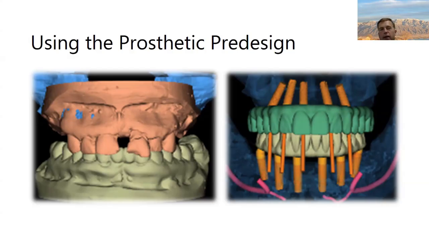With static or dynamic guidance, you import the STLs of the prosthetic pre-design, and with your dynamic, in other words, like Yomi or XNAV or something like that, you have that prosthetic up on the screen as you're placing the implants.